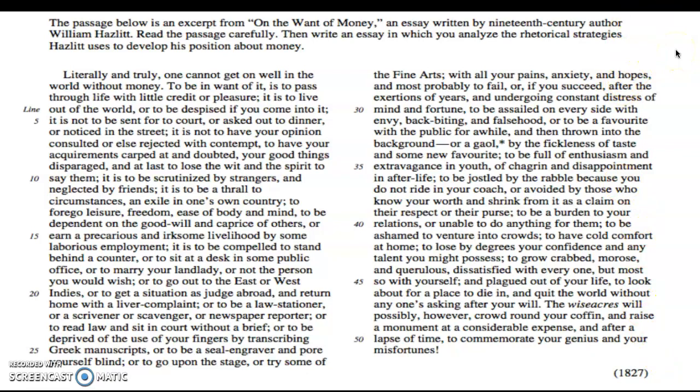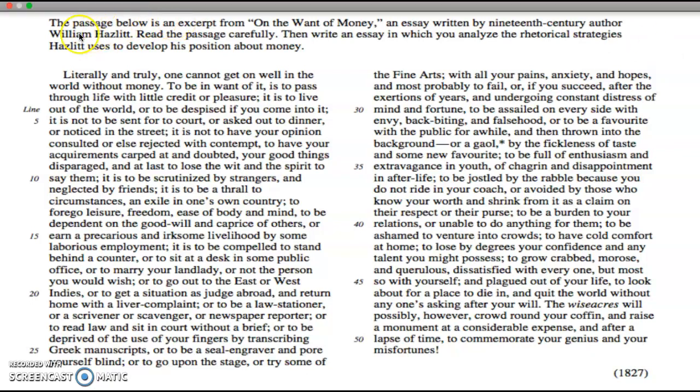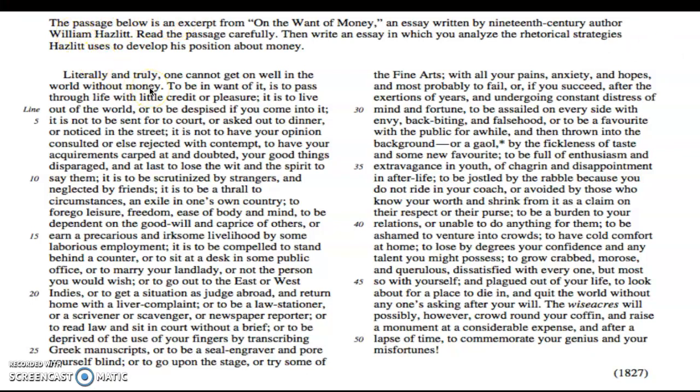We can access any of our knowledge we might know about that time. What is going on in the world. It doesn't say whether he's American or not, so we can't assume that he is. We're not really sure. There was a little bit more of a stock market crisis in Europe at this time. Maybe he's from there, but he is talking about money, right? He's talking about on the want of money. And right away, you have to recognize that on the want of money, want doesn't mean that I want money.